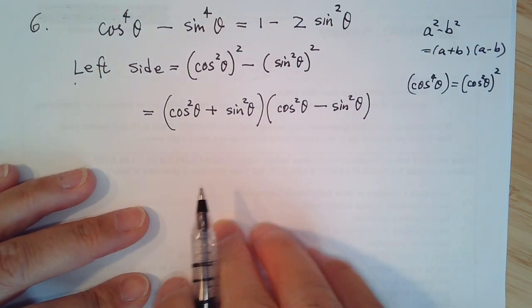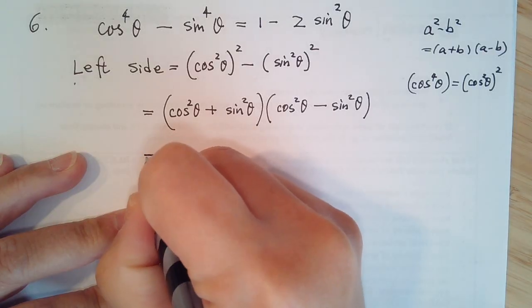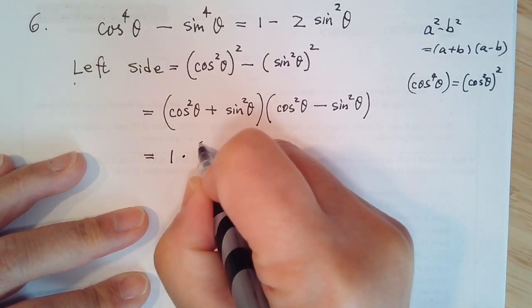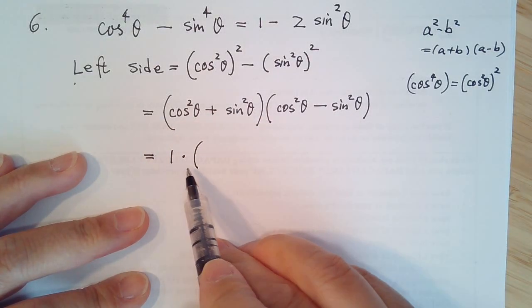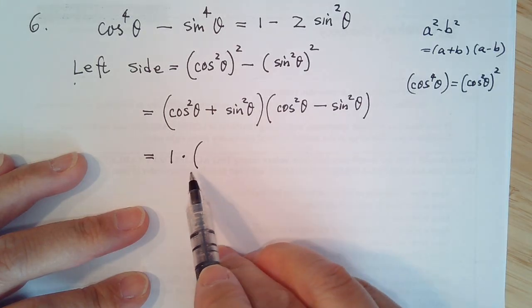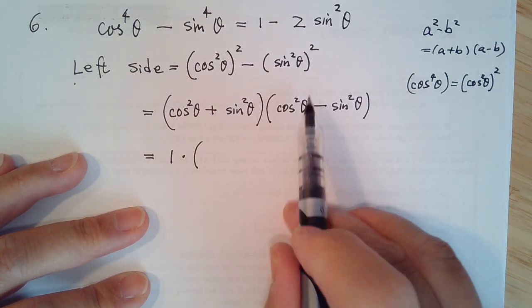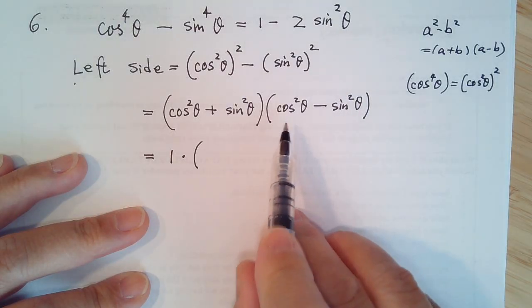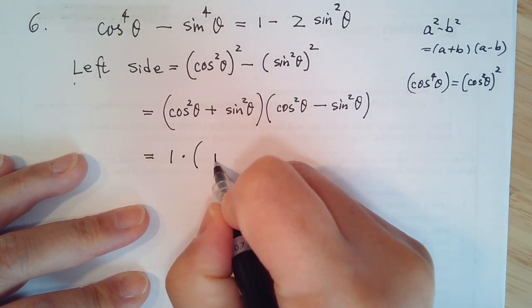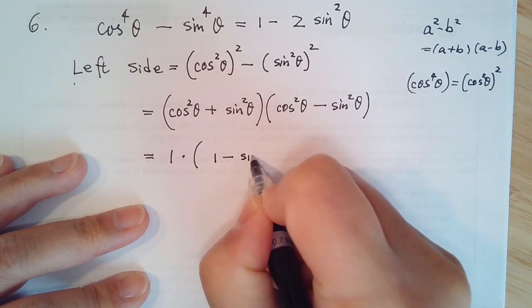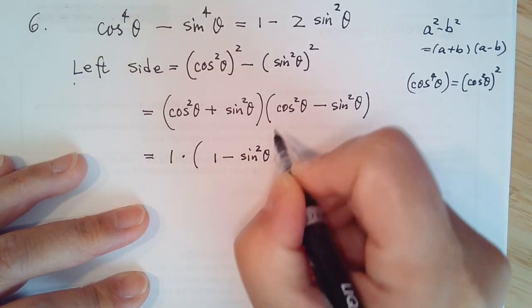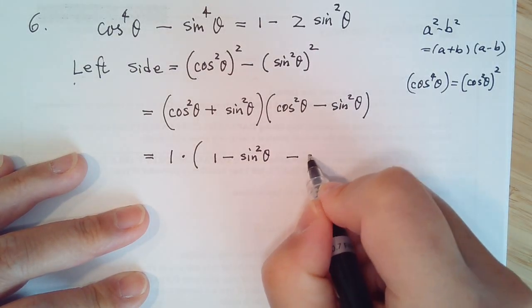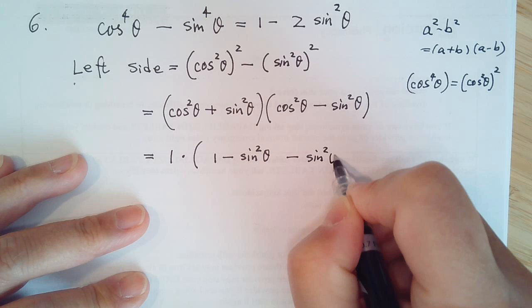Now, cosine square plus sine square is 1, and 1 times anything is the thing itself, so don't worry about that right now. We only need a sine square, but here we have a cosine square. So we change this cosine square as 1 minus sine square theta, and then minus another sine square theta.